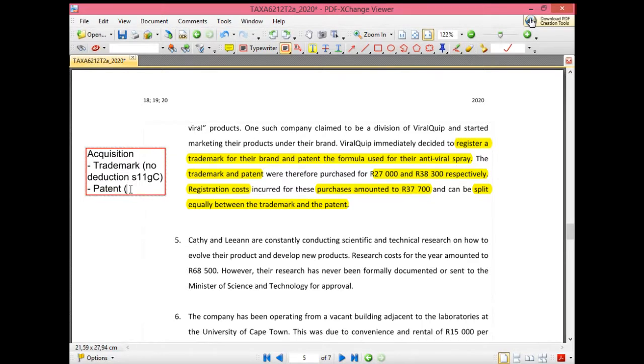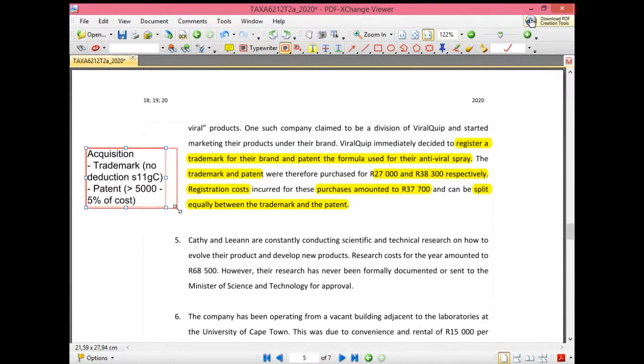Now, because it is more than 5,000, we are allowed to use the 5% of the costs as a deduction. Okay, so whatever it costs them to make the deduction, that is what we will be able to deduct.